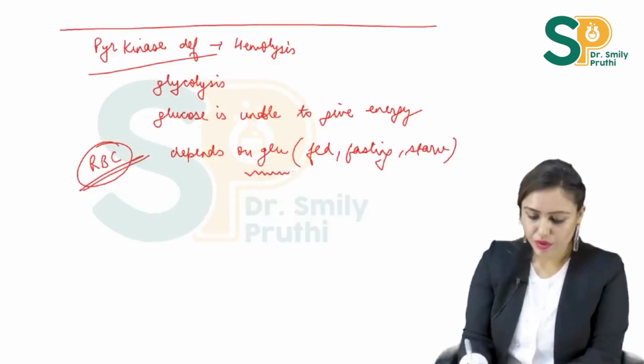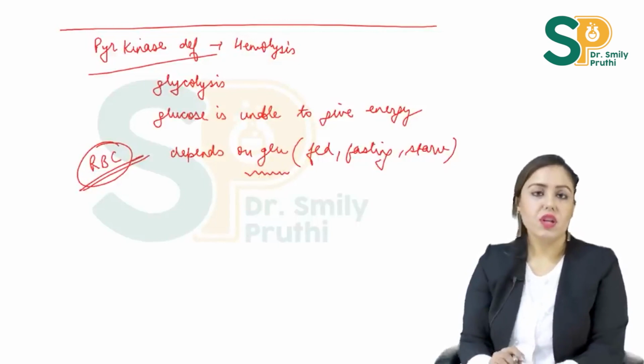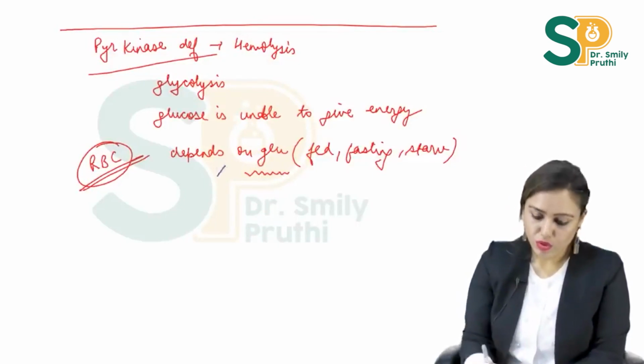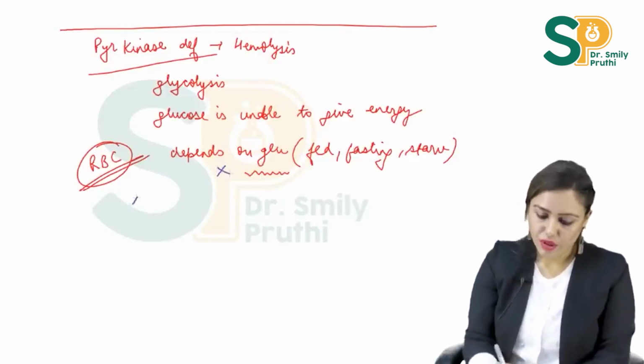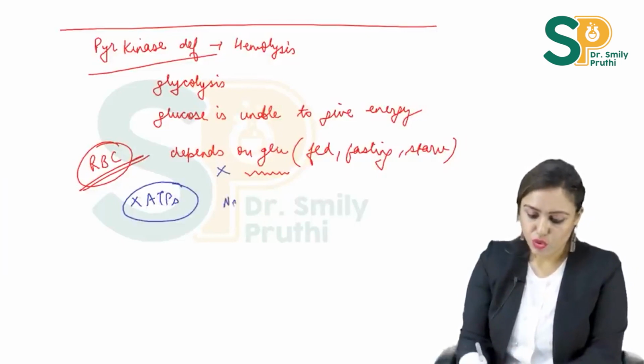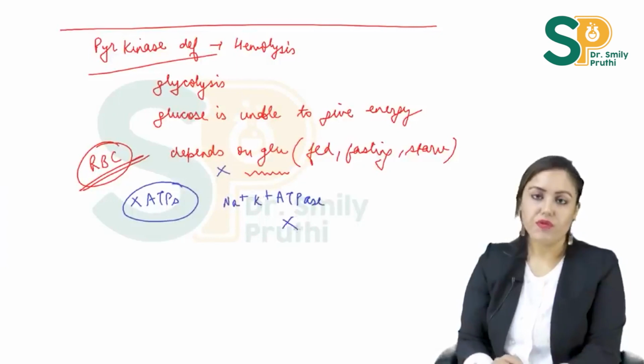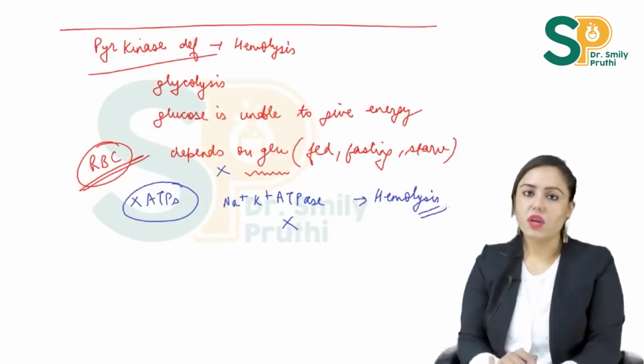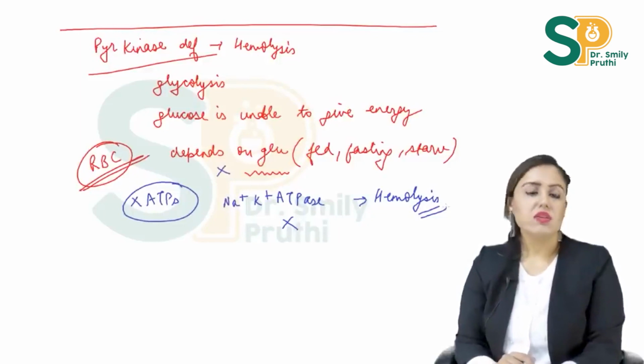They are only dependent on glucose. RBCs cannot use any other fuel for energy. So when glucose is unable to give energy, then there are no ATPs in RBCs. So the sodium potassium ATPase pump will be affected, leading to hemolysis. So this is the reason of hemolysis in G6PD and pyruvate kinase deficiency. The reason is different in both the conditions, right?